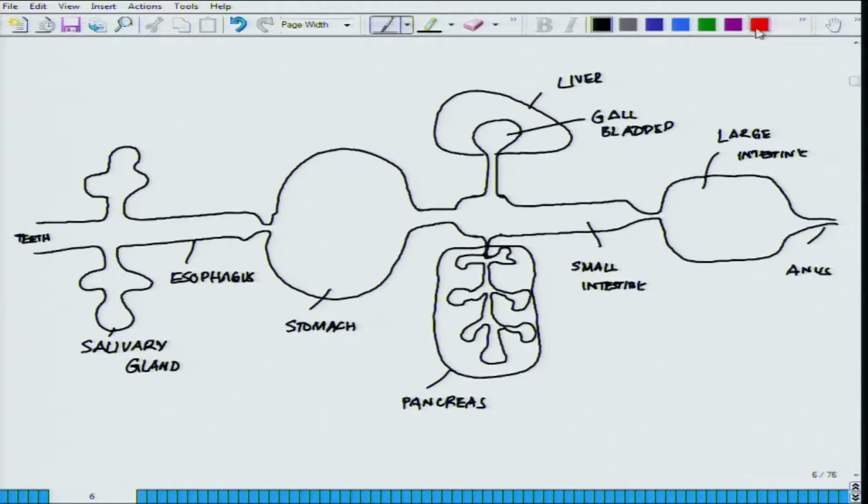Now, I will introduce in red and blue the sympathetic and parasympathetic connectivity.